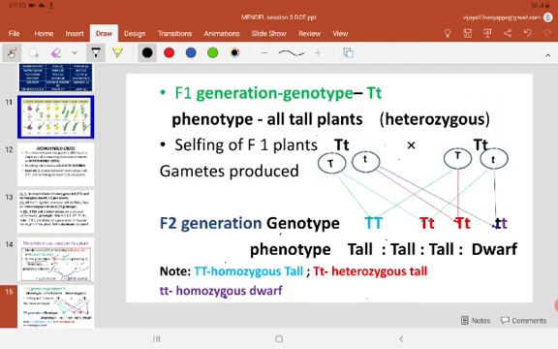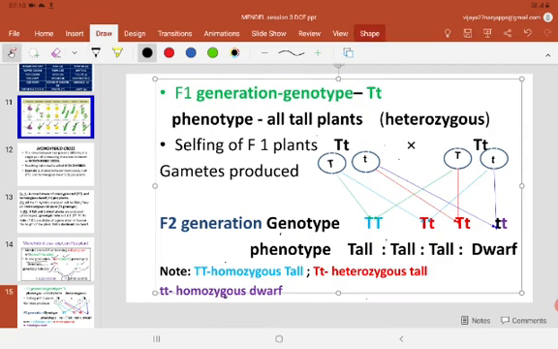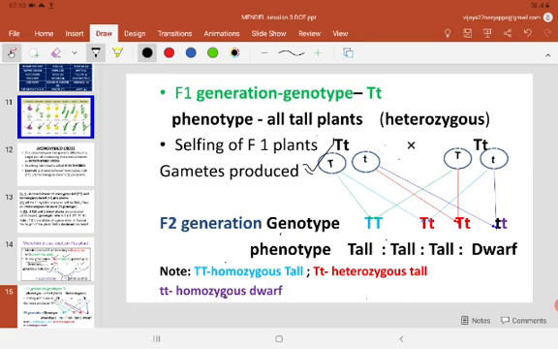Then selfing of the F1, that is, these are heterozygous tall plants. When the selfing of the F1 plant is undertaken, each F1 plant produces two types of gametes. That is, 50% of the gametes produced will have capital T allele, and another 50% will have small t.